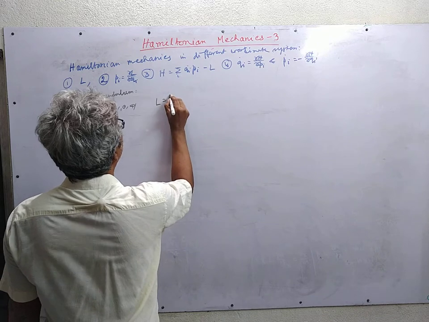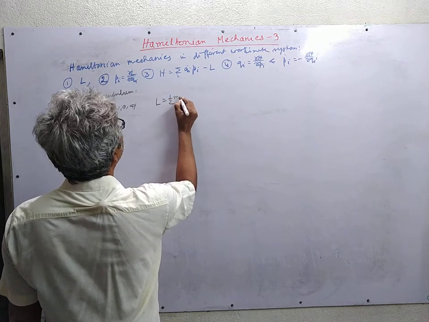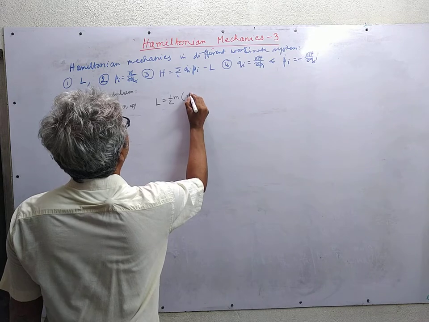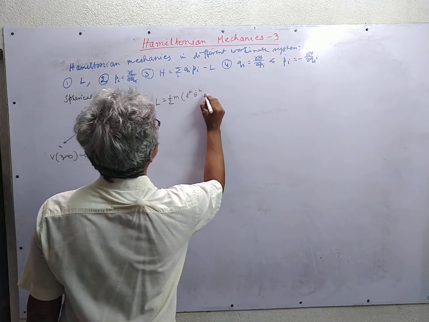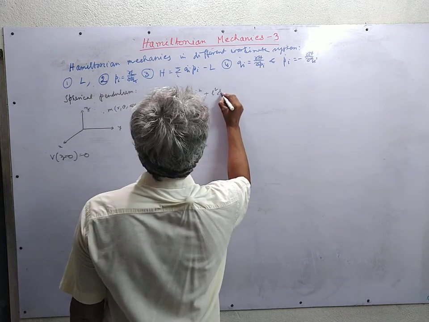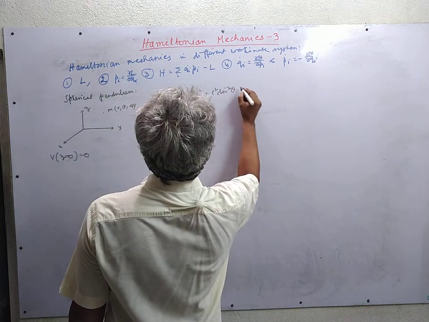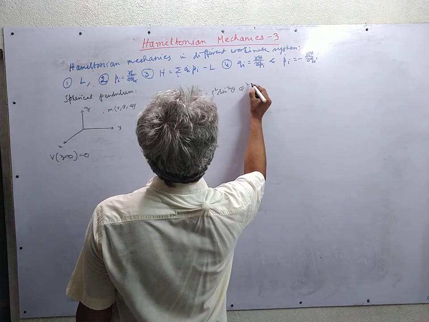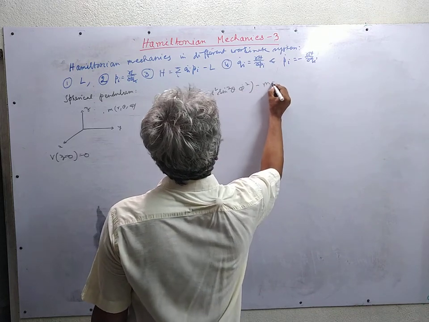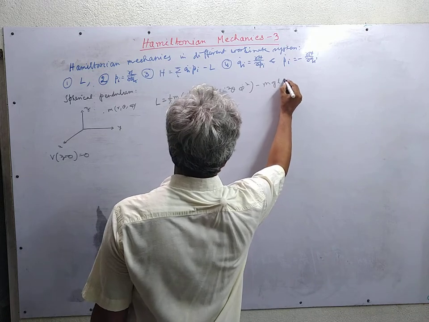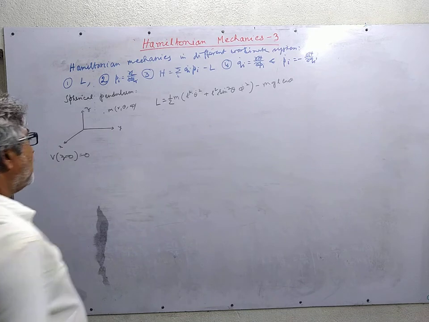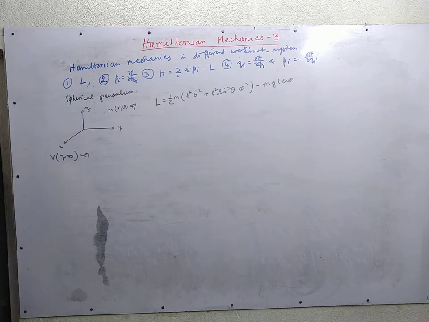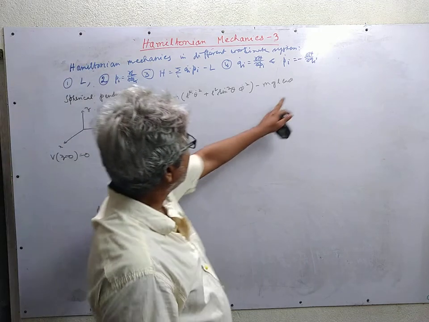The Lagrangian is half m L square theta dot square plus L square sine square theta phi dot square, minus mgL cos theta. Actually the particle is at a distance z above the horizontal plane, so it will have a potential mgz, and for z we have written L cos theta.